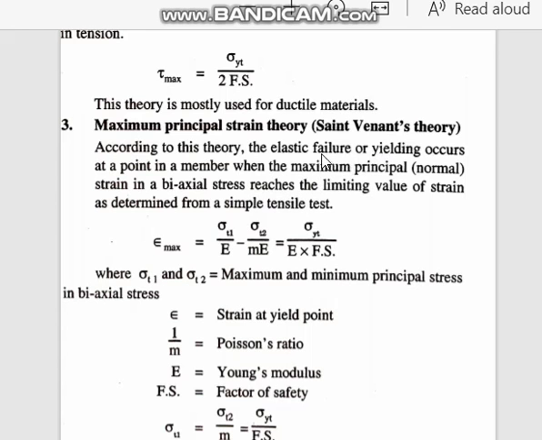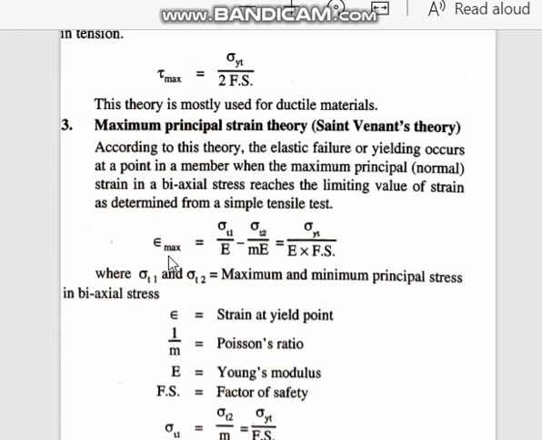So this maximum principal strain theory says that the failure occurs when the maximum principal strain induced in that member reaches the limiting value of the strain determined in a simple tension test. Limiting means the ending value.